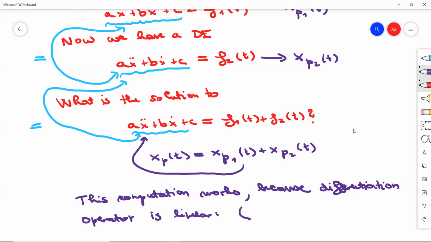This means that if we take a sum of two functions and differentiate, then we get f prime plus g prime.